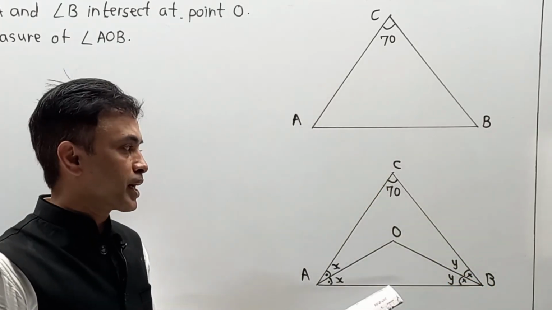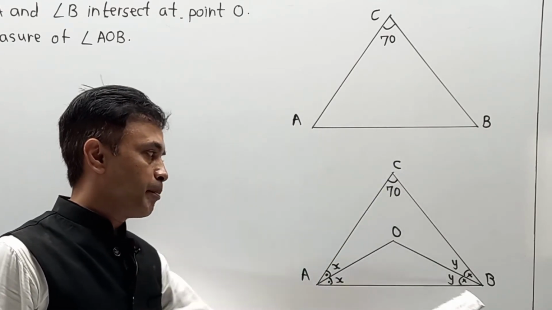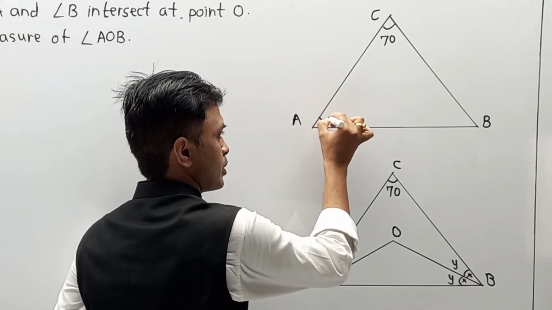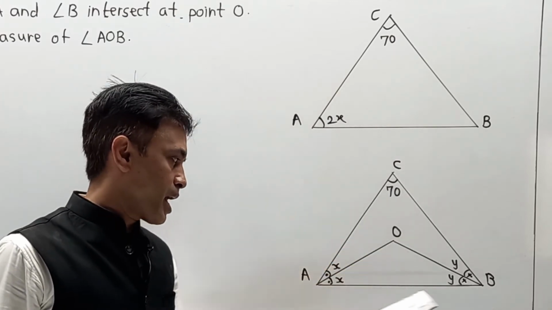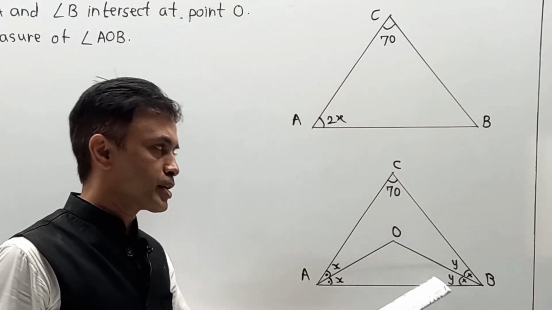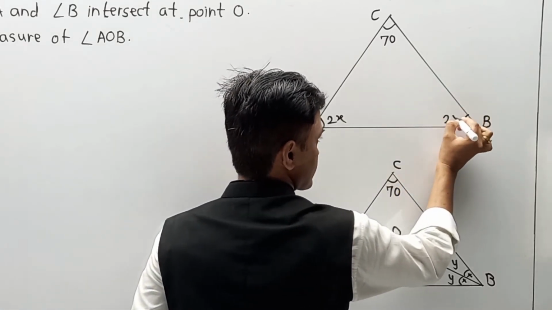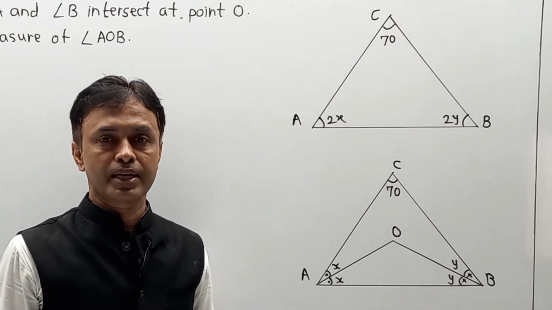If you reflect the same in this diagram, CAB becomes x plus x, meaning this is actually 2x, and angle CBA, that is y plus y, becomes 2y. This is the main logic that you must be able to understand.